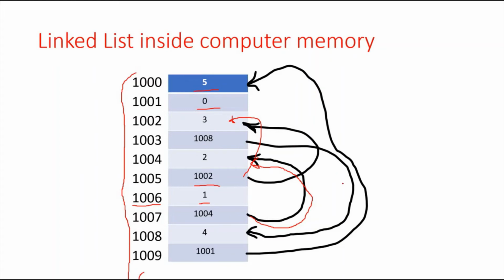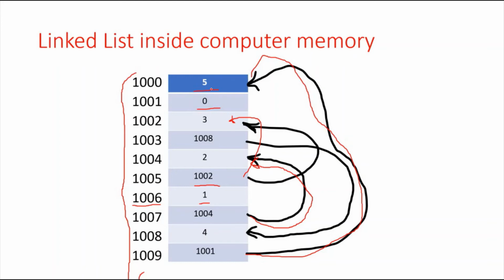It has another address of the next element, that is 1001, and we will go to 1001 from this location, and that is 5.